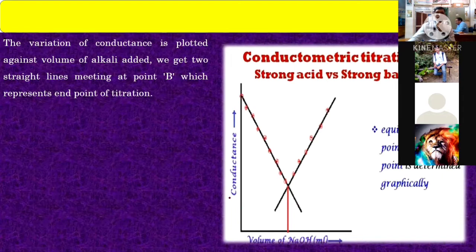Okay, on the y-axis conductance and on the x-axis volume of NaOH added in ml. Suppose here is the initial concentration of HCl before addition of alkali, before addition of NaOH.